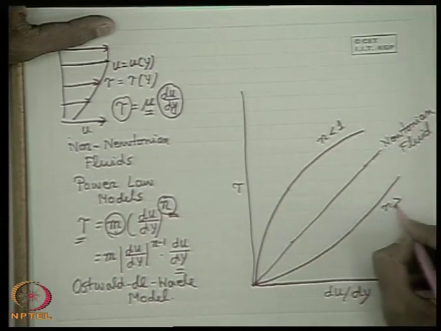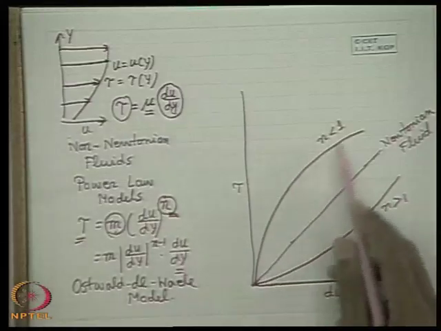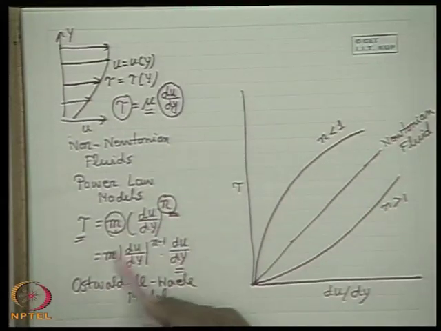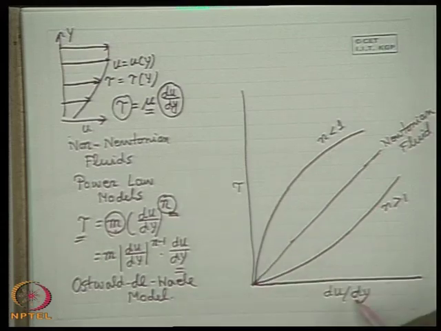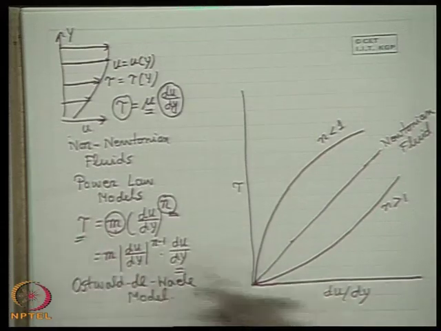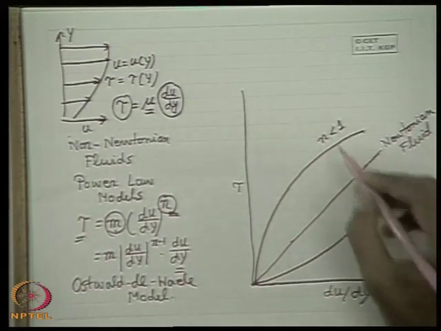The difference is that in this case the slope, tau divided by du/dy, decreases with an increase in du/dy. When n is greater than 1, the slope increases with the increase in du/dy. Slope means tau by du/dy. So these are the two curves.